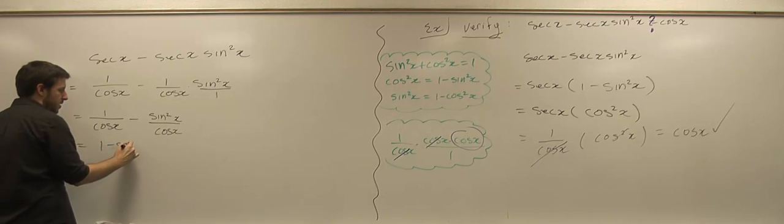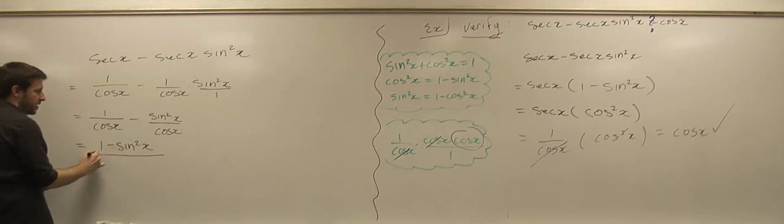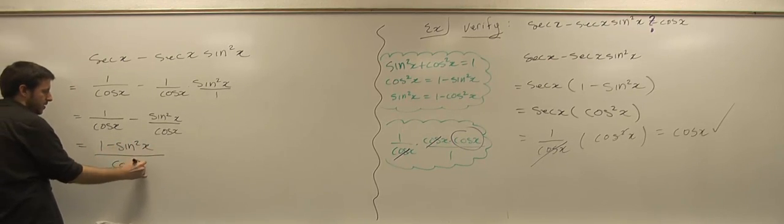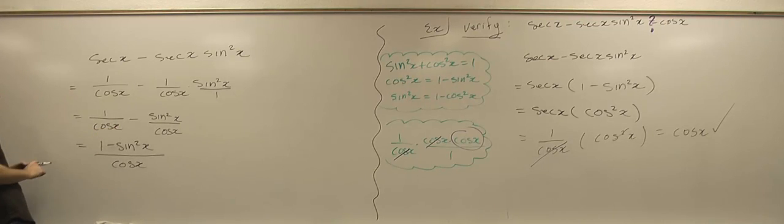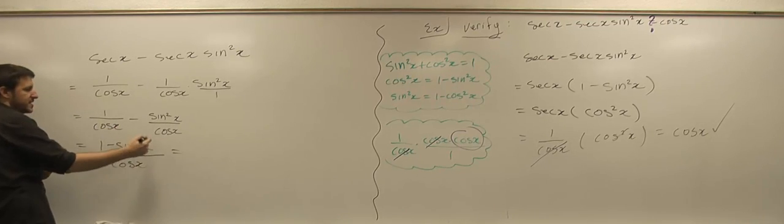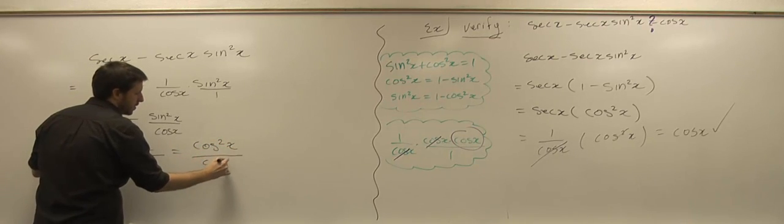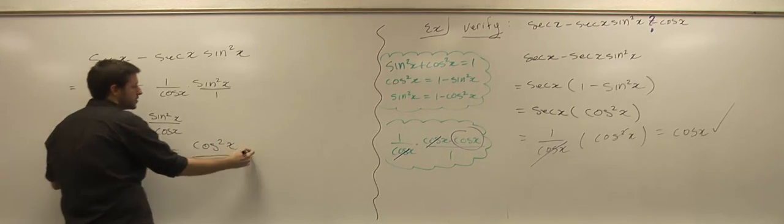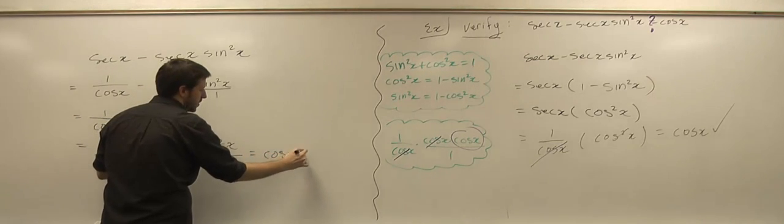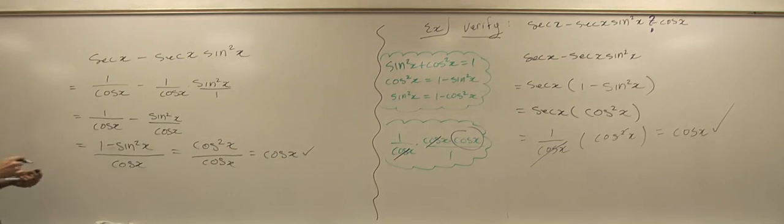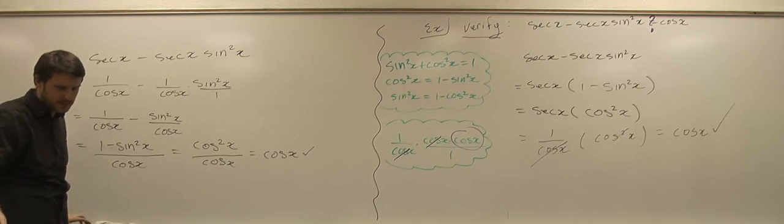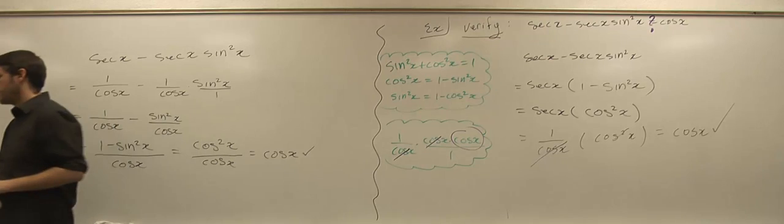Combine the numerators, but leave the denominator the same. And then on top I have an identity. 1 minus sine squared can be replaced with cos squared. Cos squared over cos. Cancel 1. So there's usually multiple ways to get your result.